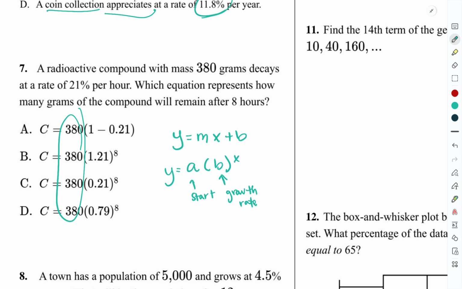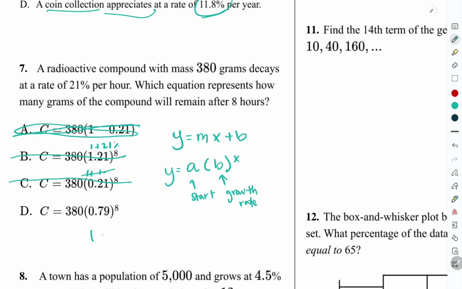So first things first, I don't see a little 8 on this one, so immediately gone. We are decaying, so I know it's going to be 1 minus 21%. This would be 1 plus 21%, so that's out. There is no 1 plus or 1 minus on this one, so it's not that one.